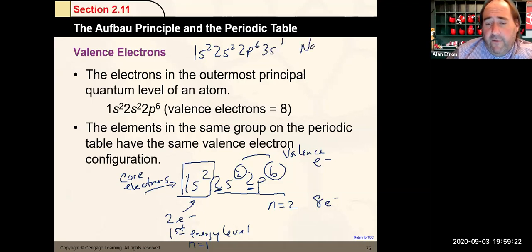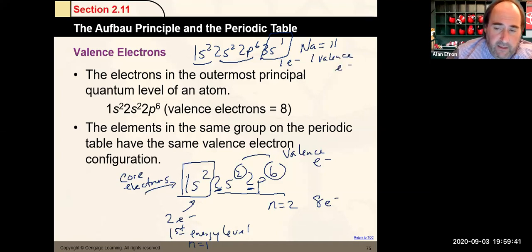This is our good friend sodium we were just seeing. We have 2 electrons on the first energy level, 8 electrons on the second energy level, and right here we have 1 electron on the third energy level. So sodium would have 1 valence electron, which would be the 3s1, this electron right here. The rest of them would be core electrons.